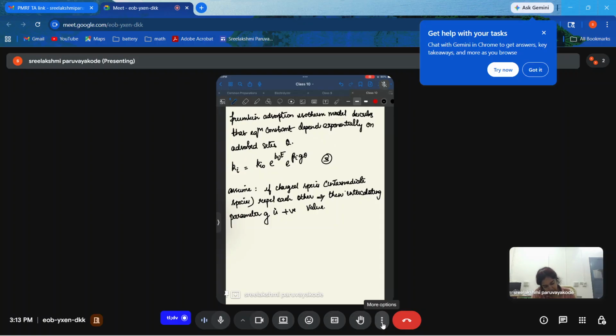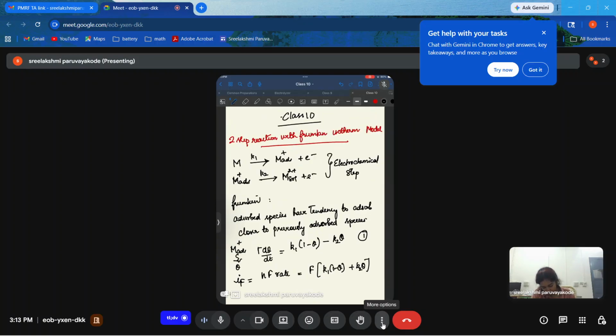So we have the first step. What is the first step? M gives M adsorbed plus one electron, right? Here the first step results in the formation of the adsorbed intermediate. So the rate constant will decrease with the formation of theta, because during adsorption the intermediate species can repel each other. So it is slowing down the reaction as the M adsorbed species keeps getting formed.